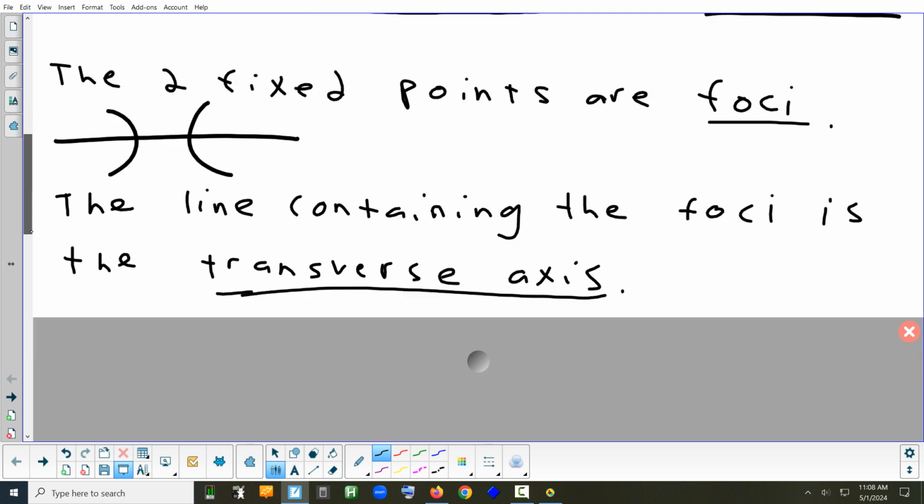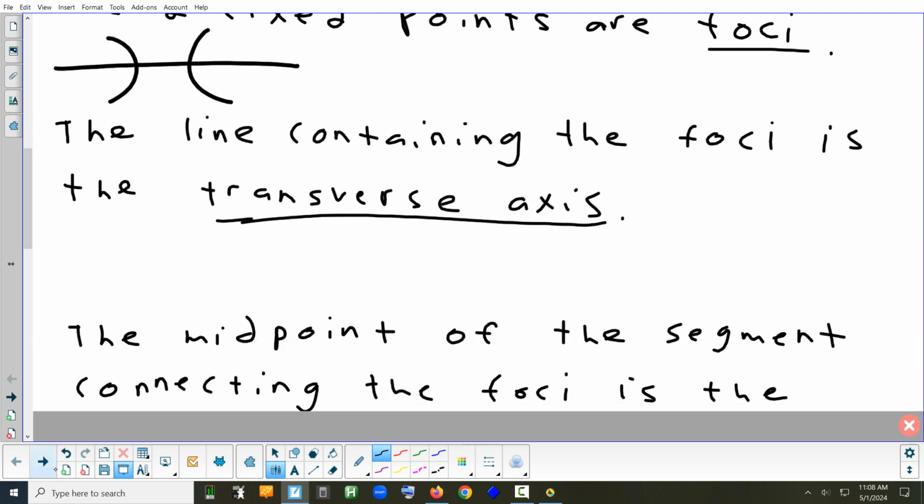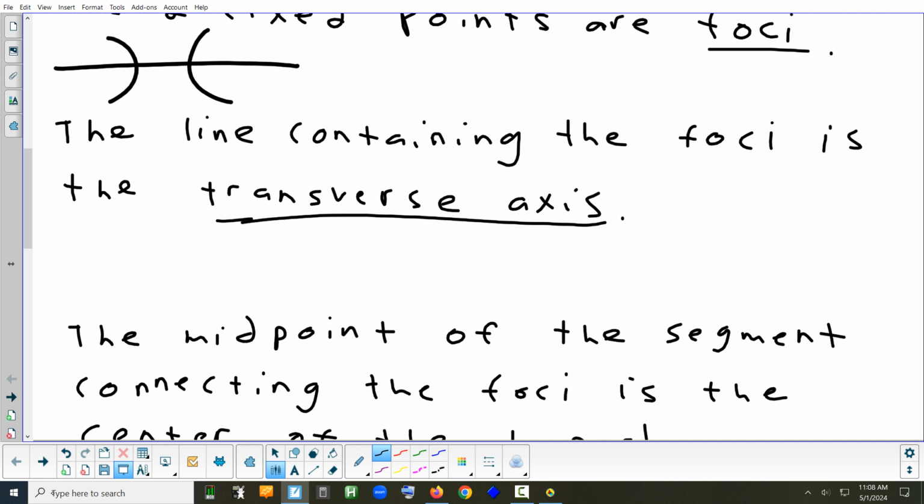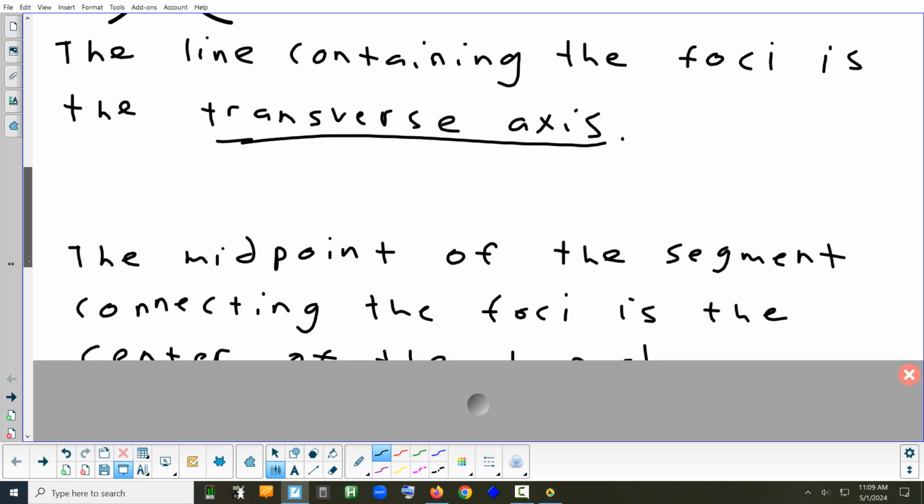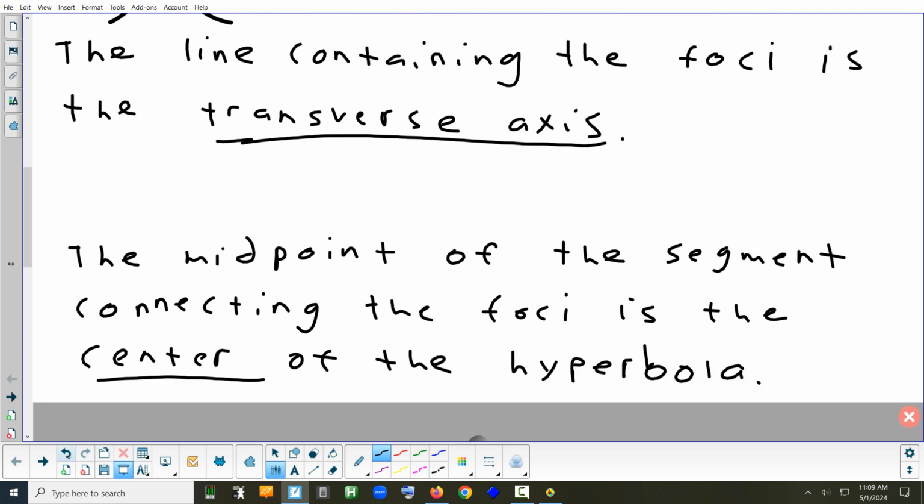Okay, if you find the midpoint of the segment that connects the two foci, that is called the center. That's the same definition we had yesterday. The midpoint of the line segment connecting the foci, or you could also say the midpoint of the line segment connecting the vertices.